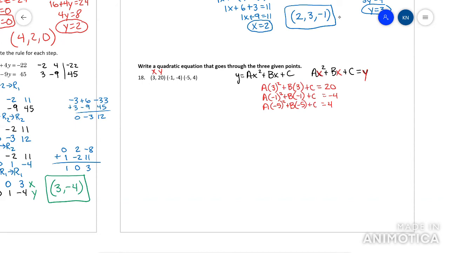All right, now you are going to want to square these and rewrite this equation. So like 3 squared is 9. So this part's going to become 9a. So I'm going to do that for all these.